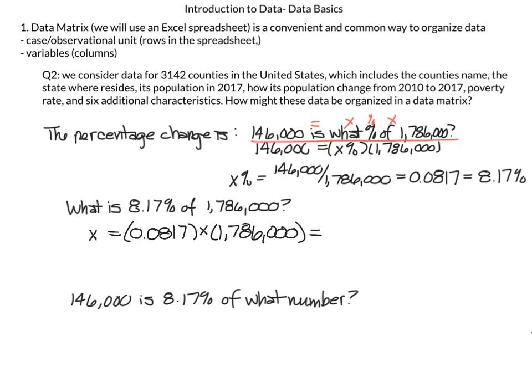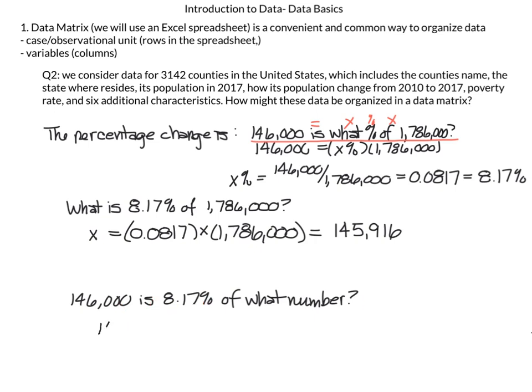And that, when I calculate it, is going to be 145,916. It's essentially the same as here, except that when I did this percentage, X percentage here for 8.17, there were actually more decimals, so it should be a little bit bigger. But this is how you would solve this problem. With the 8.17%, it'll be 145,916.